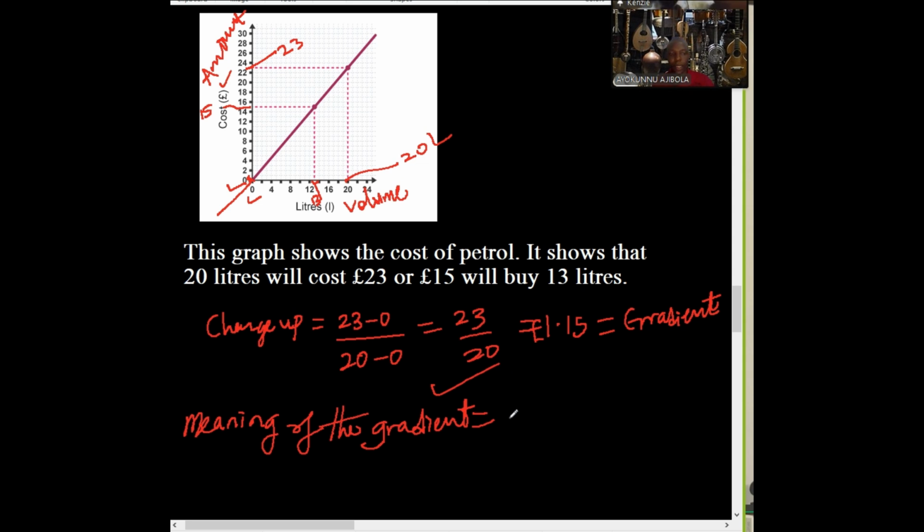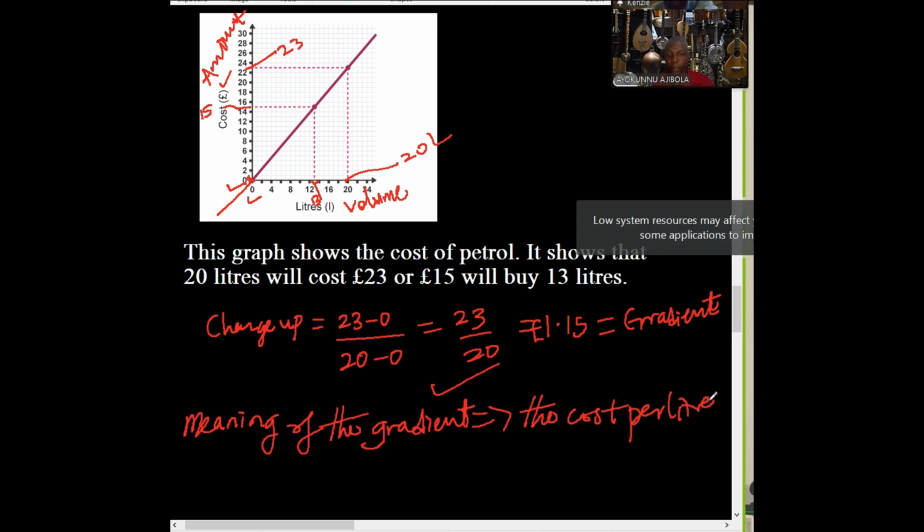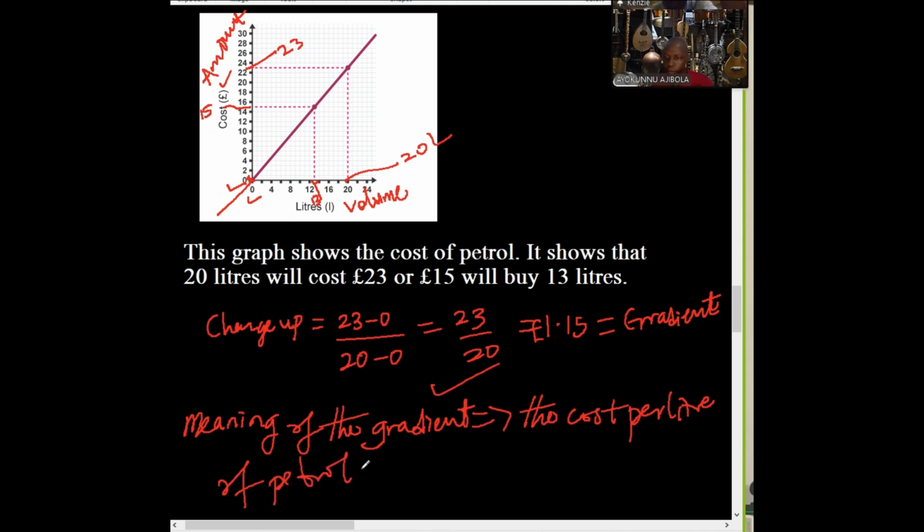It means that the cost per liter of fuel, of petrol, is 1.15 pounds. It also shows that 0 liters of fuel will cost £0.